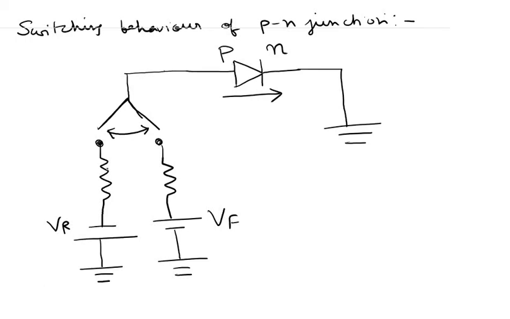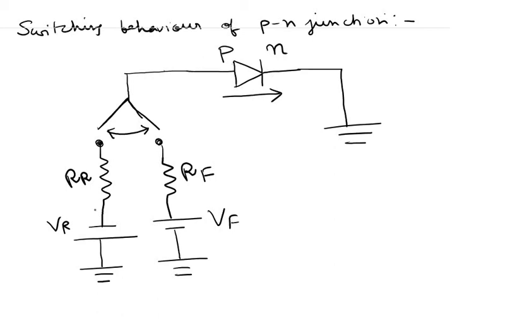Okay, and when the diode is connected through this path, this voltage VF basically forward biases the diode, and the diode is connected to VF through this resistor RF. And when the diode is connected to this path here, this voltage source VR reverse biases the diode, and VR is connected through the resistor RR.